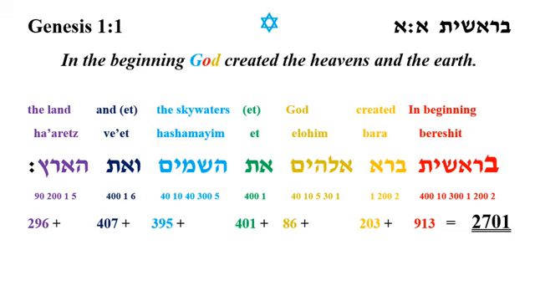The total, the sum of all 28 letters in Genesis 1:1, is 2,701.